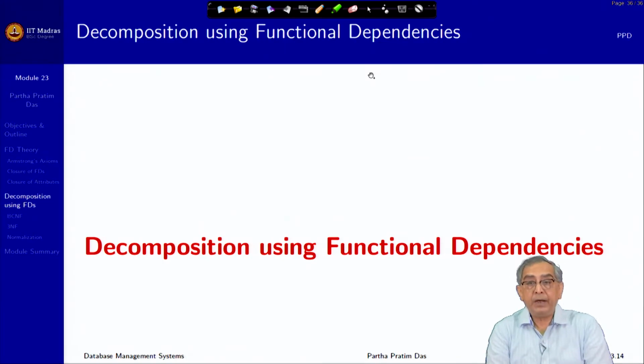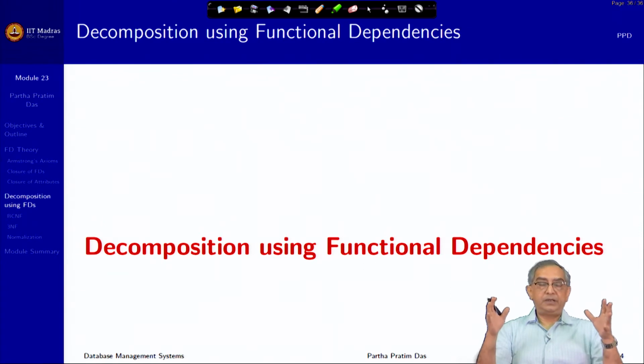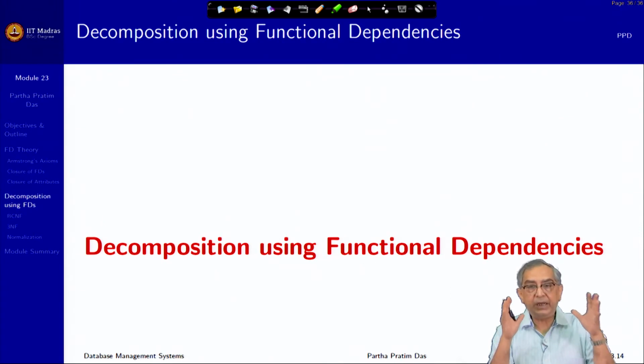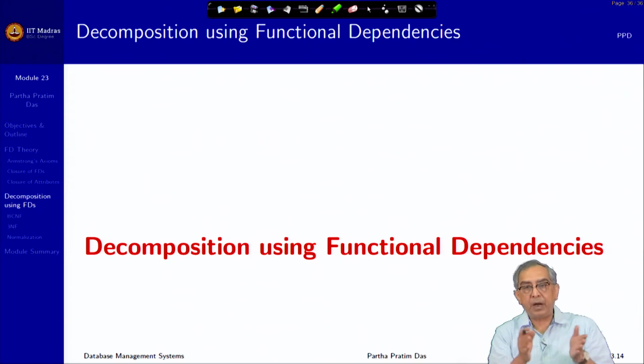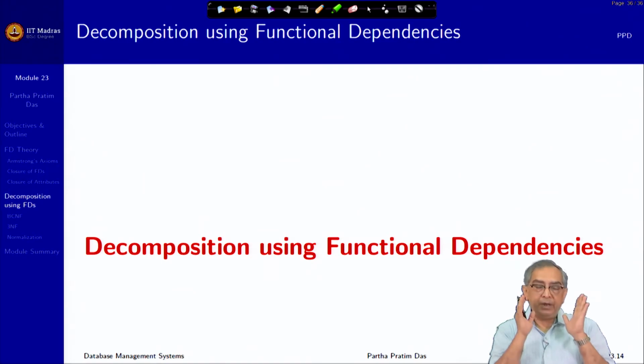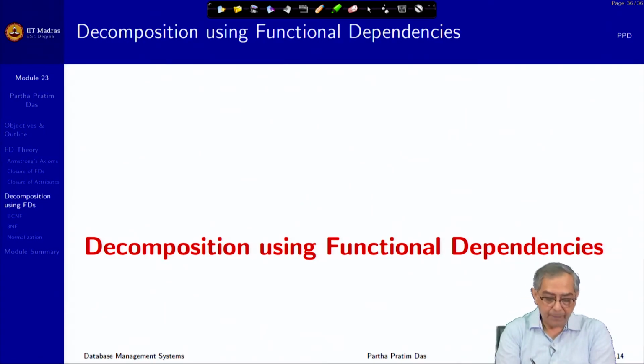Okay. Now, we are not completely done with the theory of functional dependencies, but we have given the key concepts of functional dependency, how to get more and more functionally determining sets through Armstrong's axioms, and particularly how to compute the closure of functional dependencies, and most importantly the closure of sets of attributes.